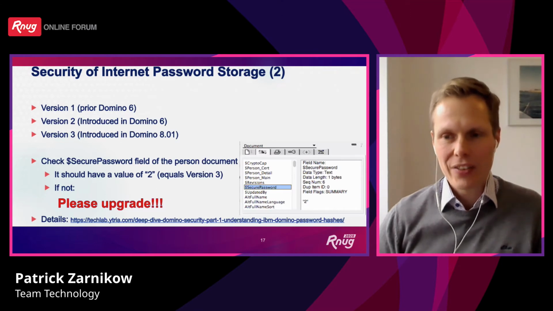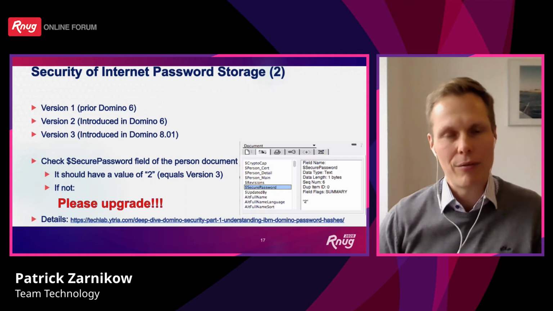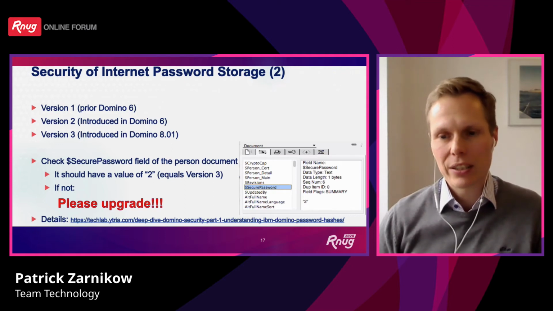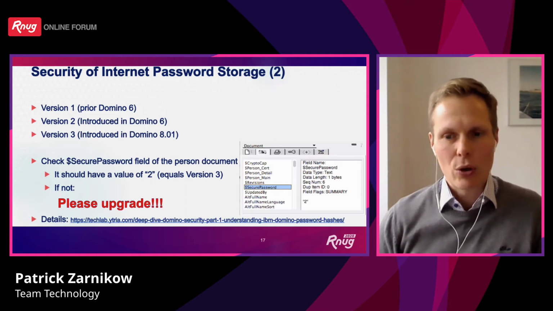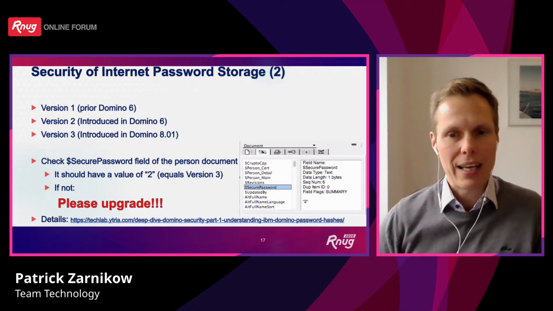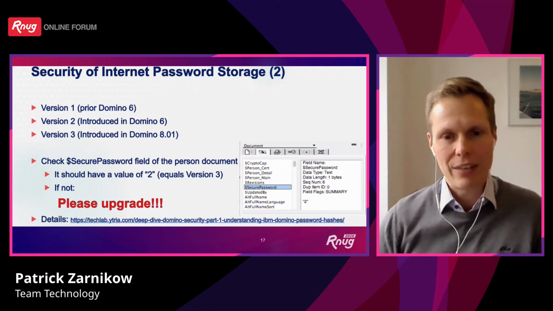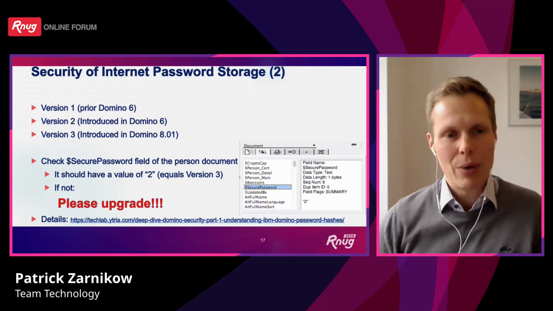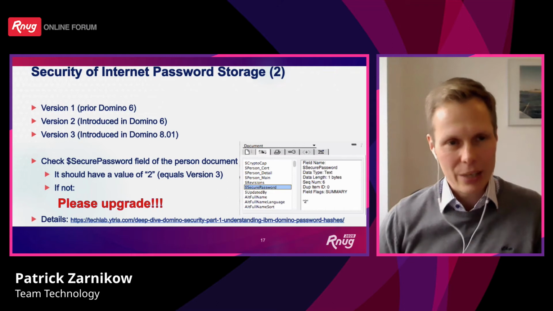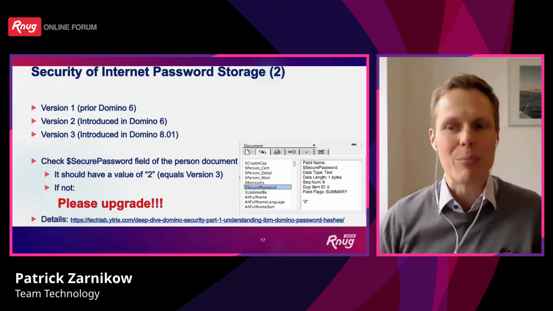You can check whether you have the setting enabled already. First go to the Domino directory profile and see what settings you have there. You can also see this on every person document if you open up the document properties and go to the $securepassword field, where you should see a value of 2. So 2 equals version 3, 1 is version 2, and 0 is version 1, to make it a little bit more complex for you.